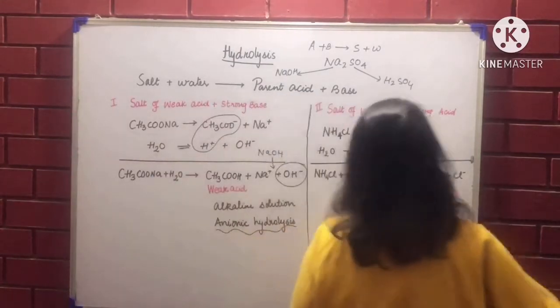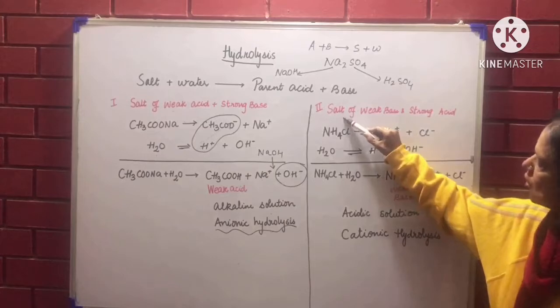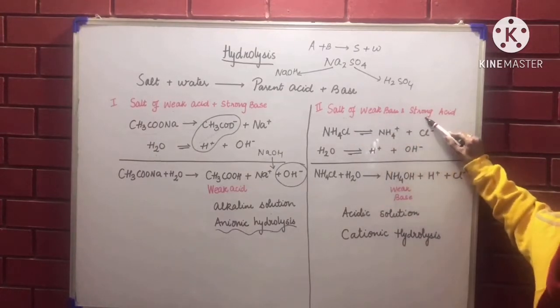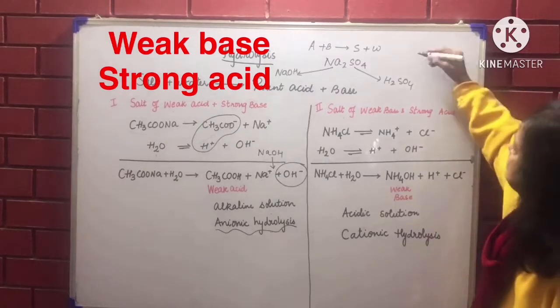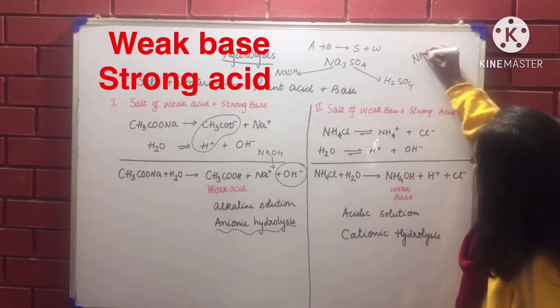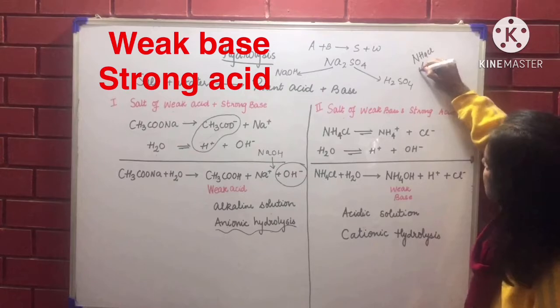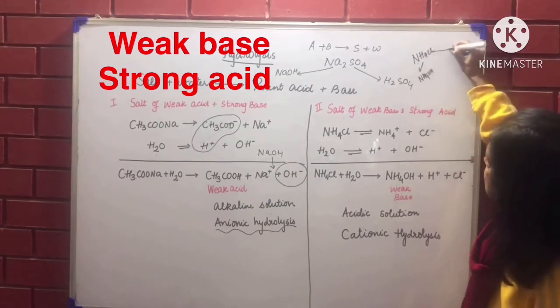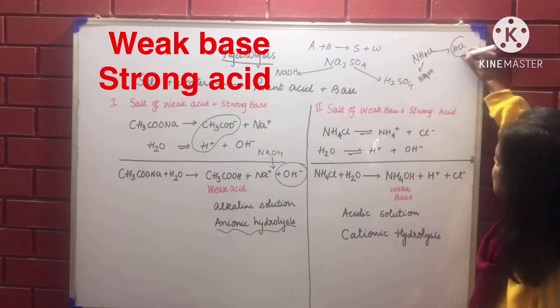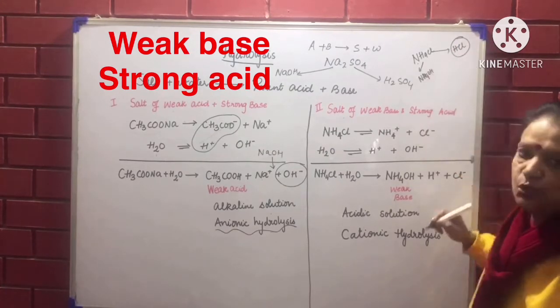Look at the second situation, where it is a salt of a weak base and a strong acid. Weak base and a strong acid means that if I am looking at NH4Cl, it is made from NH4OH base and HCl acid. So acid is strong and base is weak.